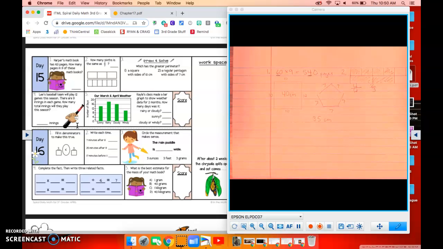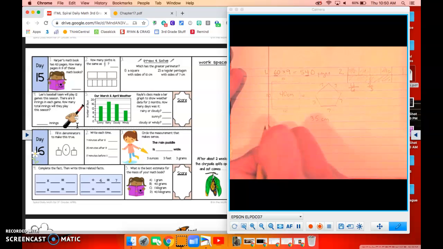All right, number 4, Lee's baseball team will play 12 games this season. There are 9 innings in each game. How many total innings will they play this season? Okay, so he has 12 games, and there are 9 innings in each game.